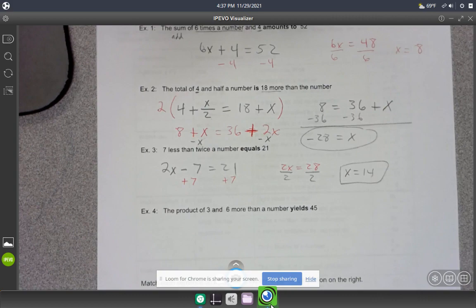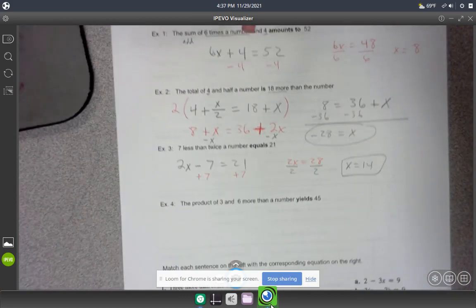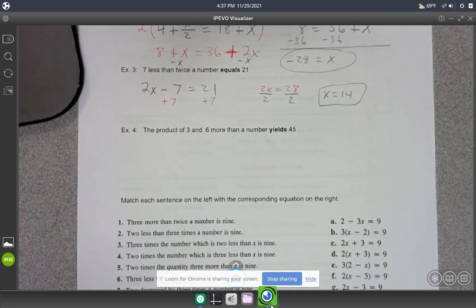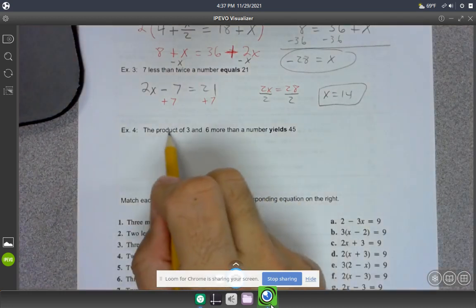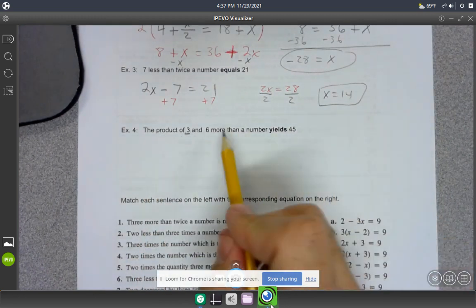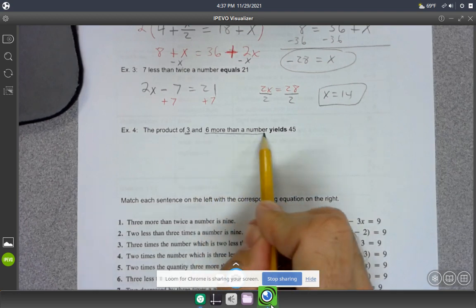Cool. All right, number 4, example 4 here is a kind of an odd one. All right, the product of, this means multiplication. All right, the product of 3 and 6 more than a number.